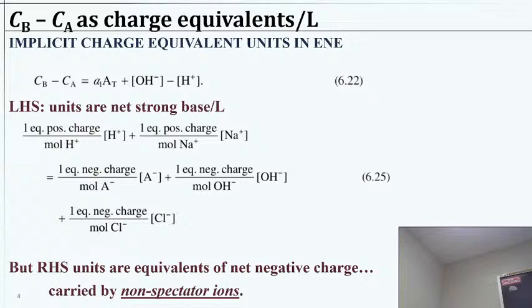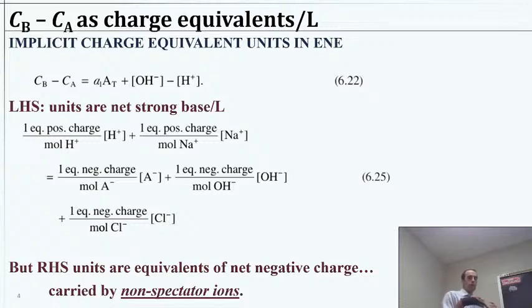on the left-hand side, we could also write that as one equivalent positive charge per mole of H plus times the H plus concentration. I guess this is on the left side before we rearranged to get this equation, when this was still over here. And likewise, the Na plus is one positive charge per mole Na, and so on.